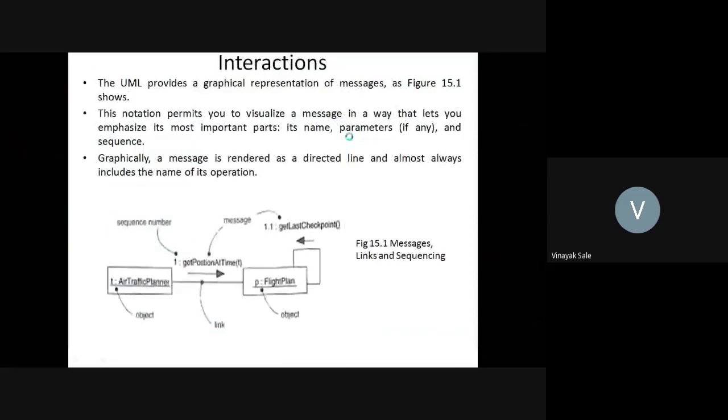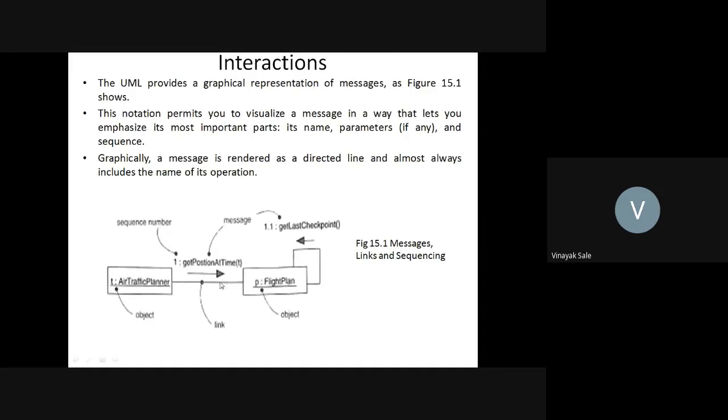Graphically, a message is rendered as a directed line and almost always includes the name of its operation. Here the example is given of an air traffic planner and a flight plan. This is the object air traffic planner, and the colon represents an object.